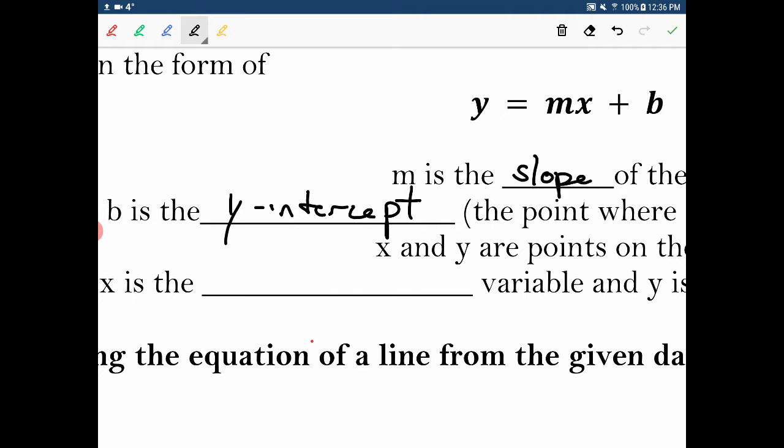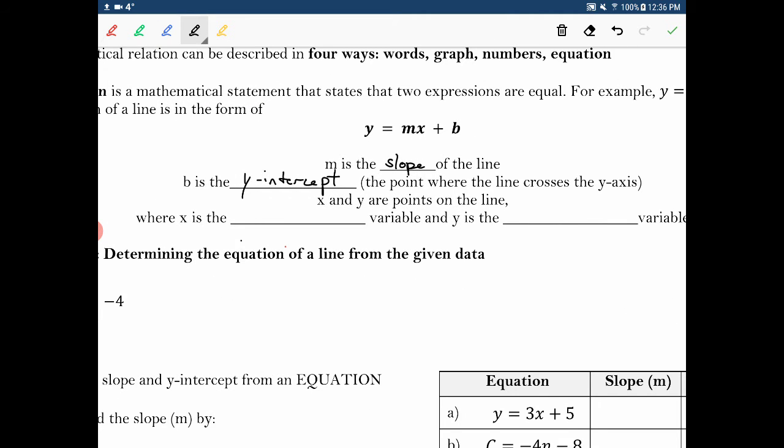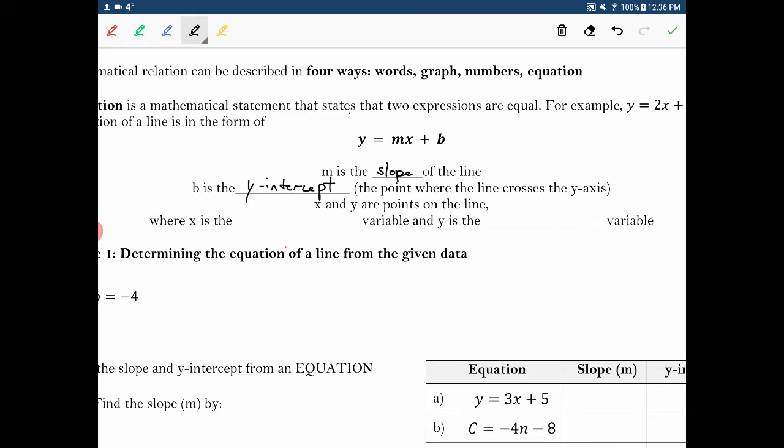Okay, so that's where the line will cross the y-axis. Now, I'm kind of jumping ahead here, but if the y-intercept is equal to 0, then b is equal to 0, in which case you wouldn't write plus 0, which is our direct variation that we talked about. So remember, if that plus b is not there, it's direct variation.